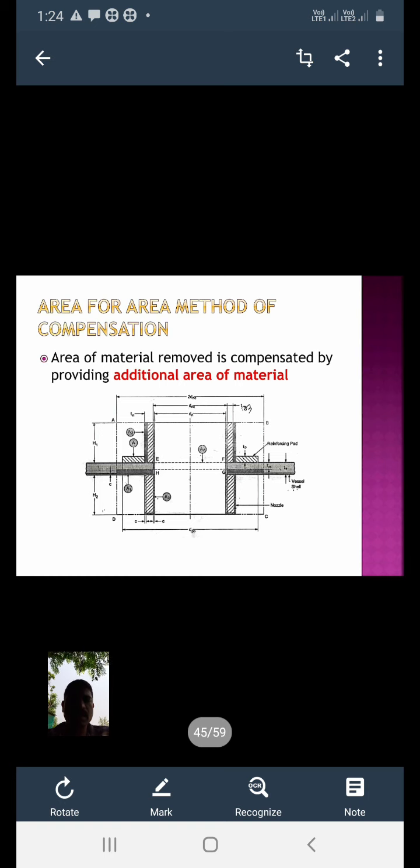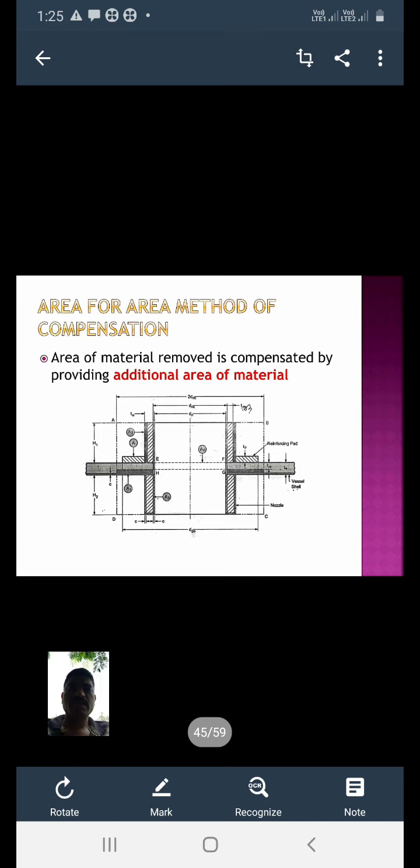There are two conditions: corroded condition and uncorroded condition. dA is given for the uncorroded condition. Then next is DNC. DNC is the inner diameter of the nozzle in corroded condition. Then next, S is the inner diameter of the vessel shell.